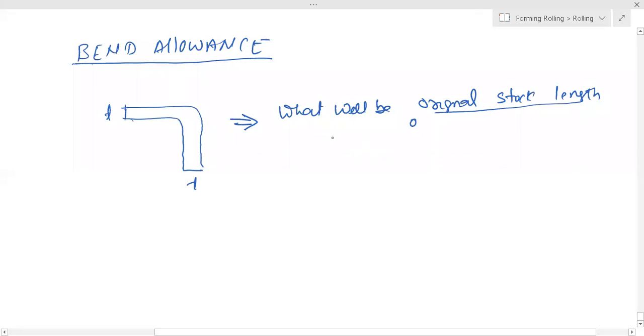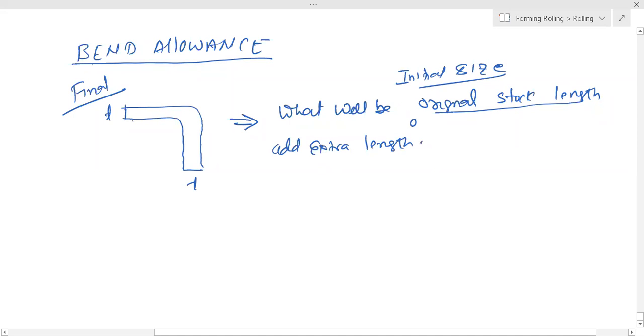This is our final product. So what will be the initial size? Suppose we want to make like this, so we have to add some extra material, extra length for bending purpose. So that, what is that?